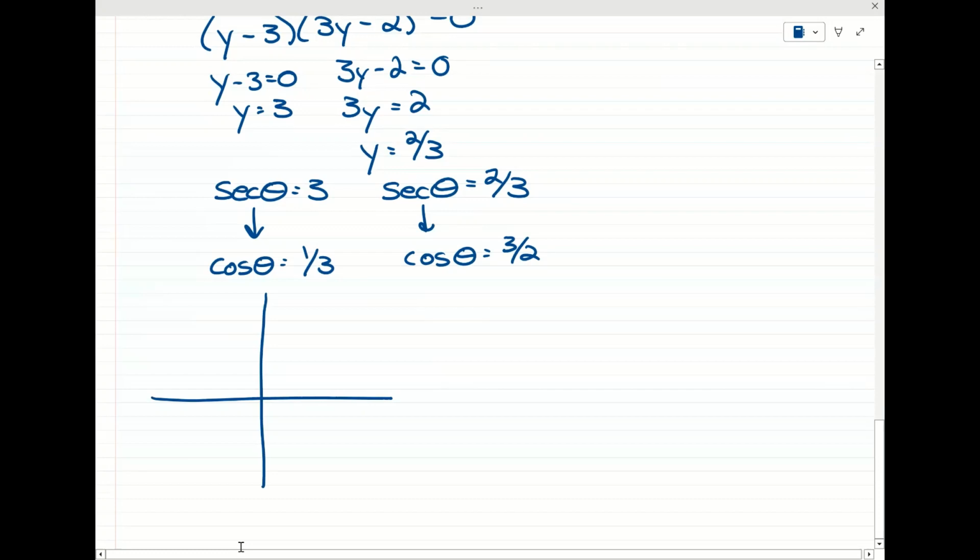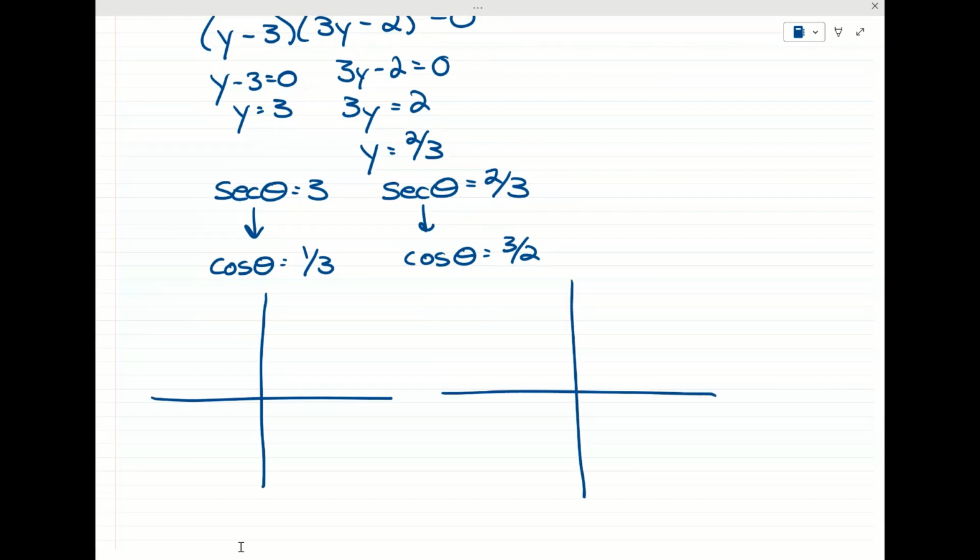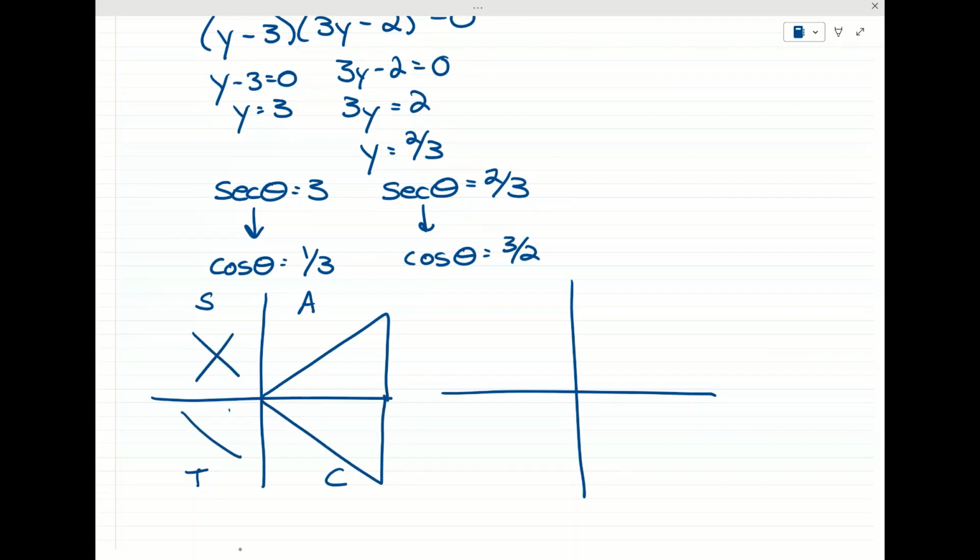So this is where we talked about all students take calculus. And if all students take calculus, cosine would be positive in quadrant 1 and in quadrant 4. Similarly, with 3/2, that's a positive angle. So we're not going to draw it in quadrants 2 or 3. We'll draw it here or here.